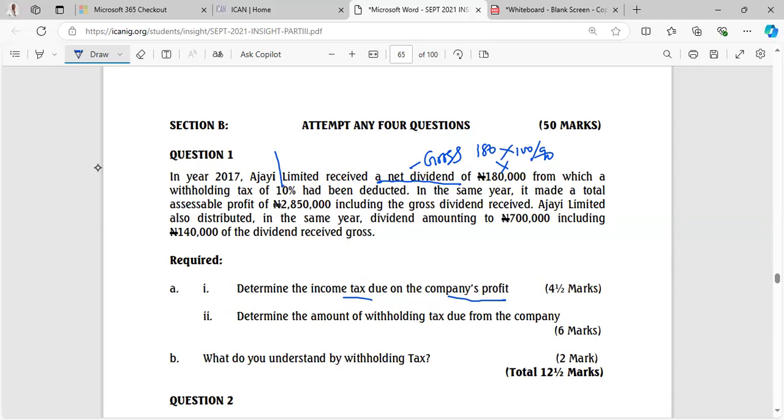In this case, you do 180 times 10 over 90. That is how you know how much has been withheld. So it's 10% of the gross. If you want to know, you either convert it to gross, then you find 10% of it, or you do it this way. All right?